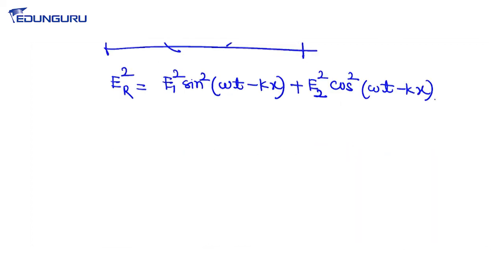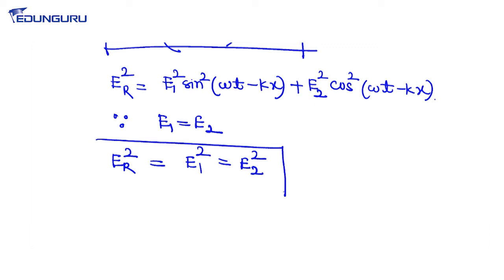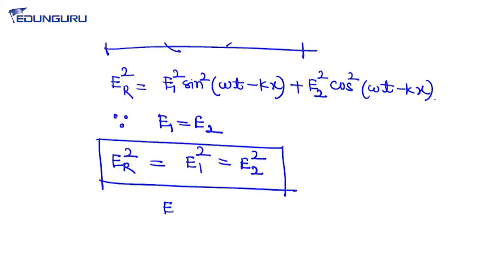So, since E1 is equal to E2, ER square is equal to E1 square, or either E1 square or E2 square. So, you can see that the resultant field has a fixed amplitude, but it is changing its direction with time t.